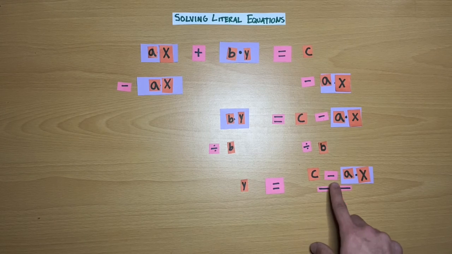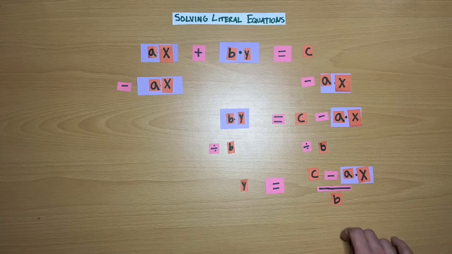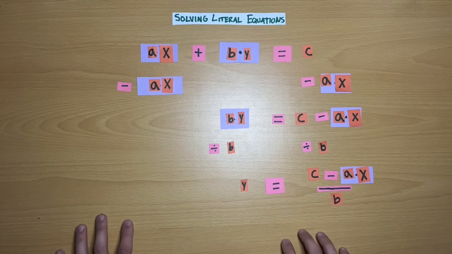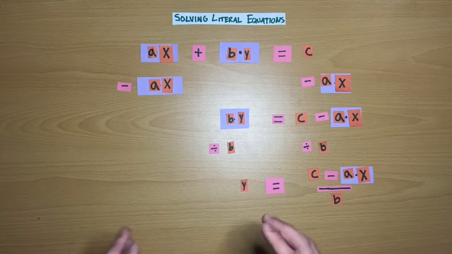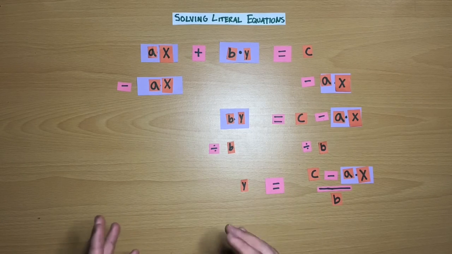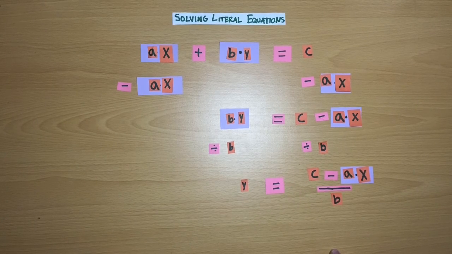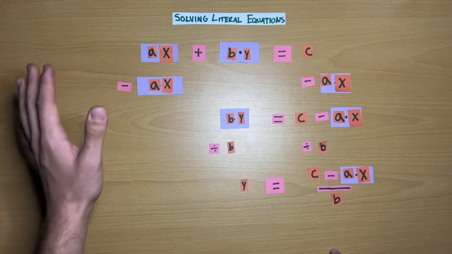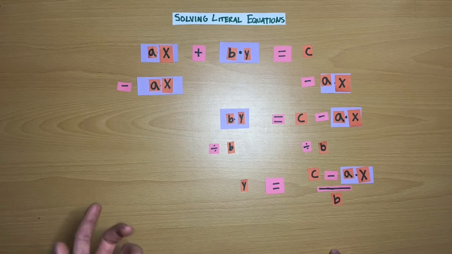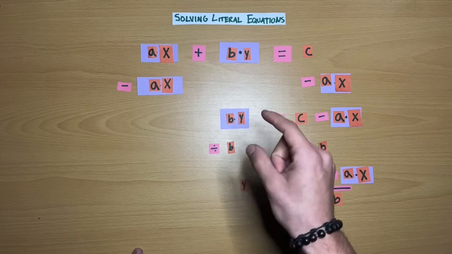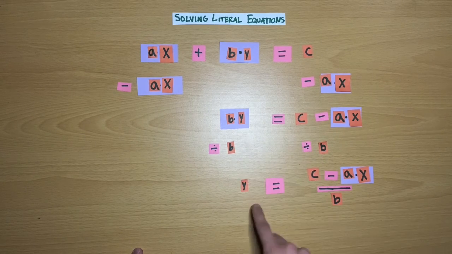Y equals c minus a times x divided by b. So to recap, when solving literal equations, we just solve them exactly like any other equation, except we have letters instead of numbers, but you still use those same inverse operations to get that variable that you're trying to solve for all by itself.